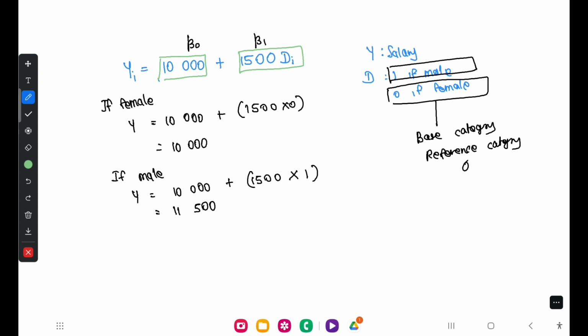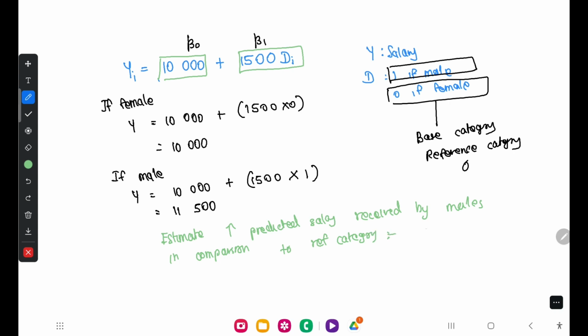So this 1500 we can explain as the estimated increase in predicted salary received by the males in comparison to the reference category. So what's our reference category? That's our females.